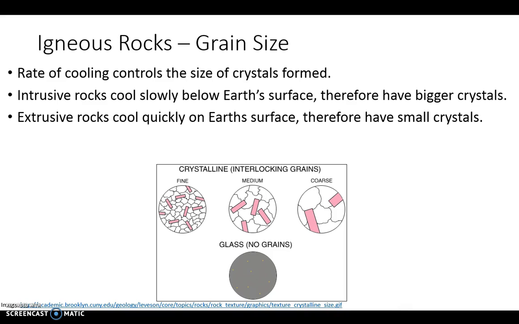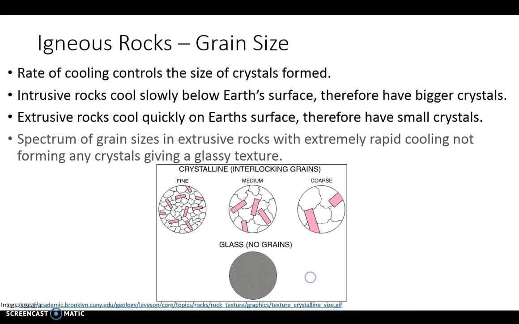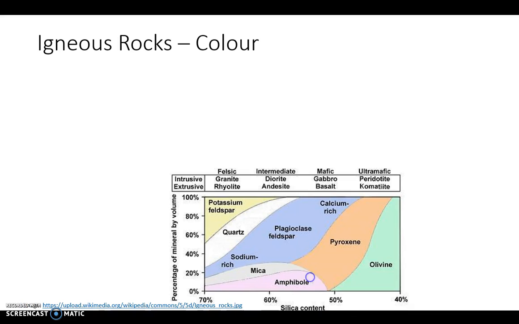Extrusive rocks have a whole spectrum of different grain sizes, with one end member being these glassy rocks that have cooled so rapidly, almost instantaneously when they've been exposed to the atmosphere, and they just don't have time to form crystals, so they're just forming glass. So those are the key things to remember: coarse-grained, fine-grained, glass.